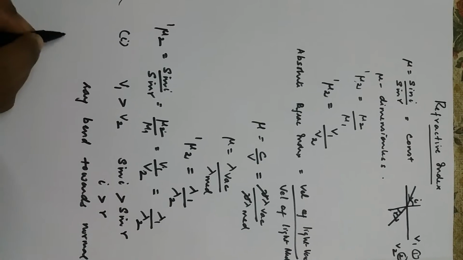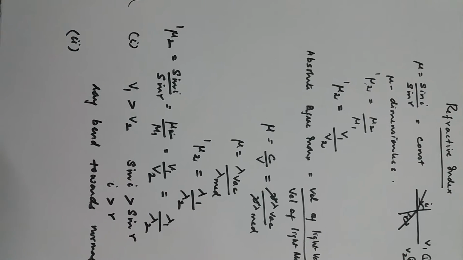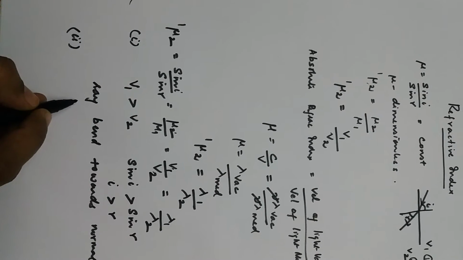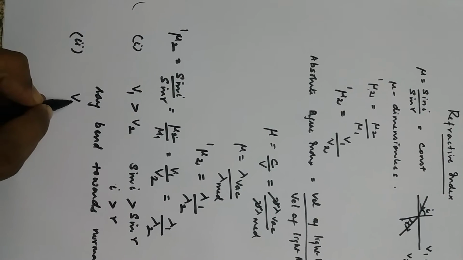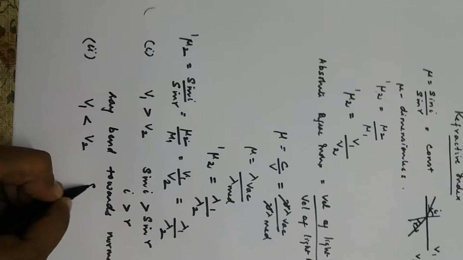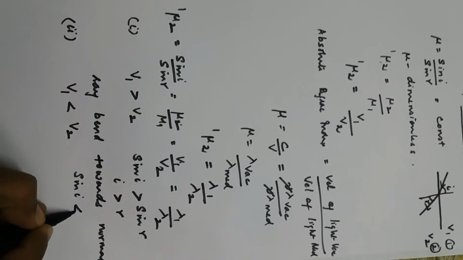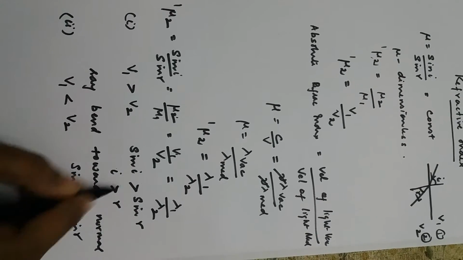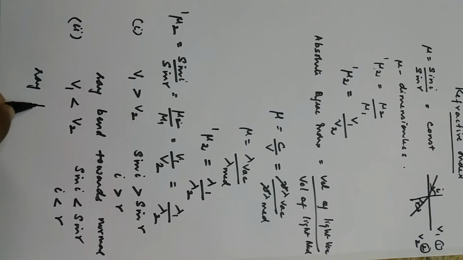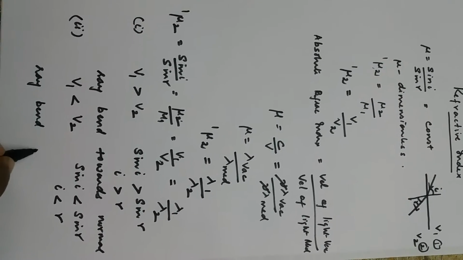Let's go for the other case, when the light travels from medium 1 to medium 2, and the velocity of the light in medium 1 is less than the velocity of light in medium 2, or sin I is less than sin R, similarly I is less than R, then the ray would bend away from the normal.